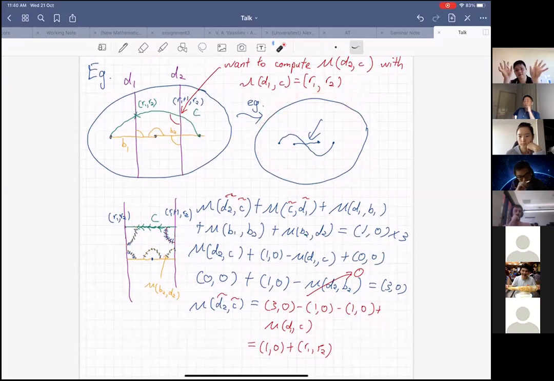But the next thing we need to do is to understand the graded Floer cohomology first. But I don't think I have the time to do the setup.